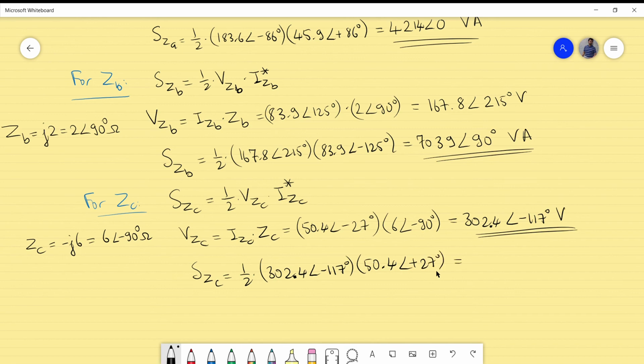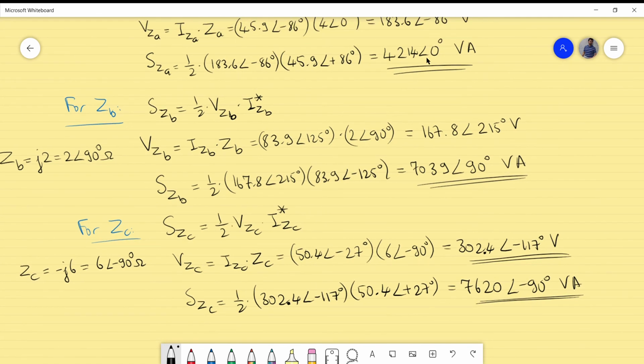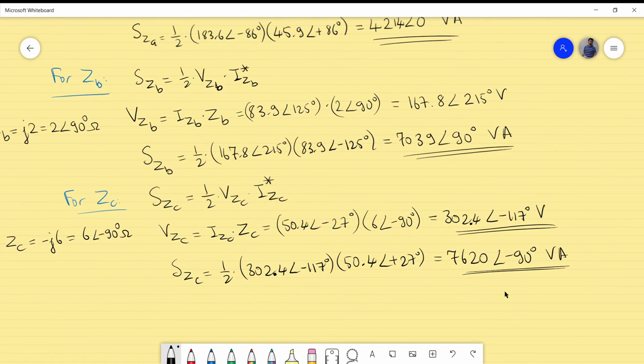If you again do the math here correctly, you will have 7620 phase minus 90 degrees, again in volt-amperes. Now, what you recognize is the pure ohmic load will give a zero phase shift, pure inductive will give a plus 90 degrees, and a pure capacitive load will give us a minus 90 degrees phase shift for the apparent powers.